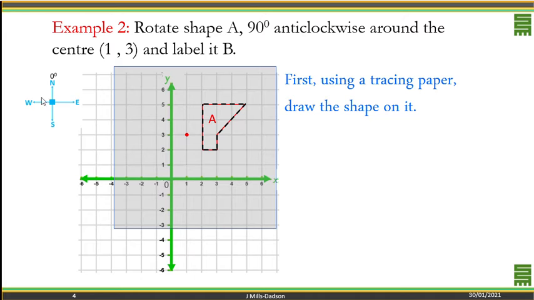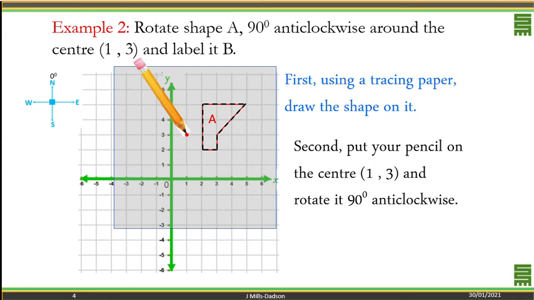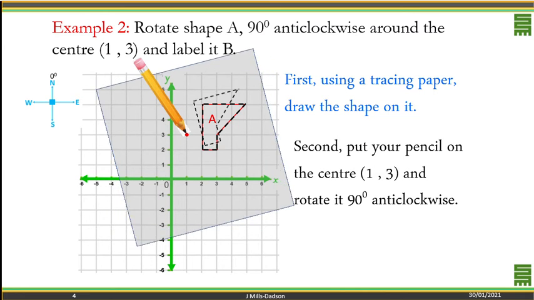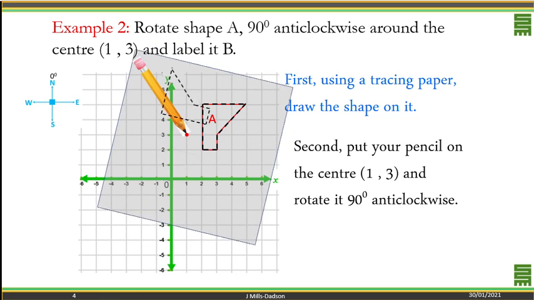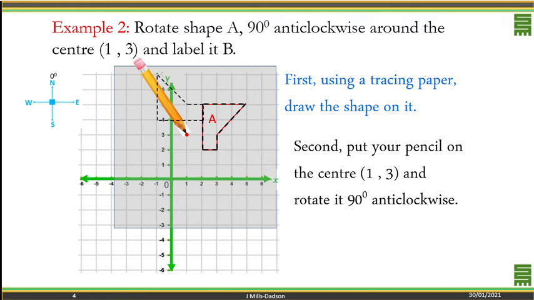So keep turning until the north side is facing west. Done. Now you take the tracing paper off, then you label it.